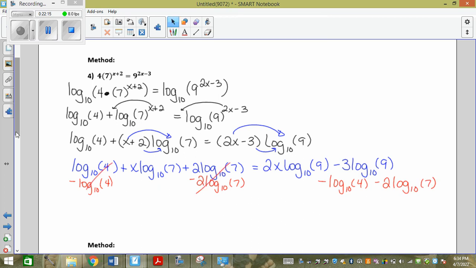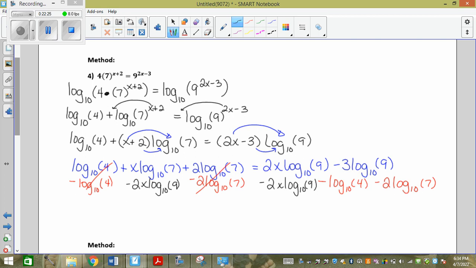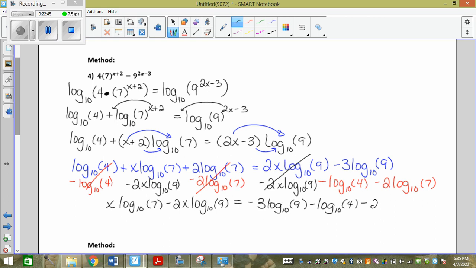So those cancel. And then I'm going to minus 2x log base 10 of 9 over. So I'm going to get x log base 10 of 7 minus 2x log base 10 of 9 equals negative 3 log base 10 of 9 minus log base 10 of 4 minus 2 log base 10 of 7, and then I divide it over.